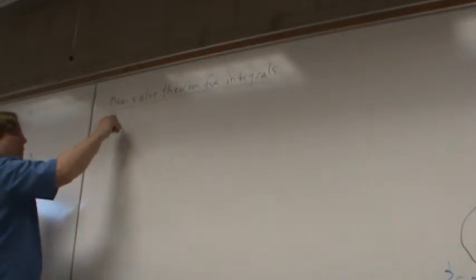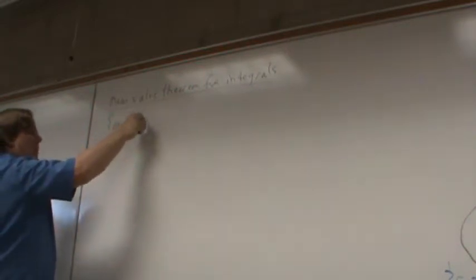I want to remind you what the mean value theorem says conceptually. Okay, here's what the mean value theorem says. It says that the average rate of change of a function from A to B is going to be equal to the instantaneous rate of change of the function somewhere between A and B.